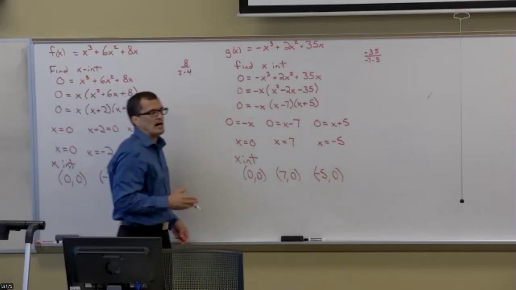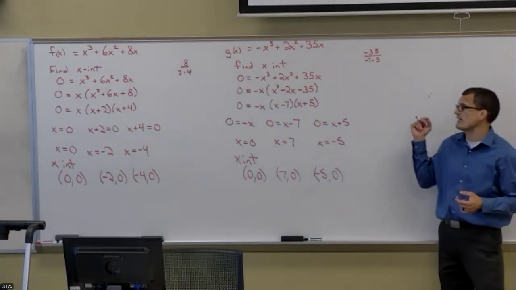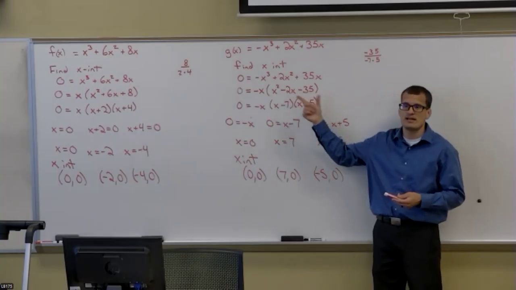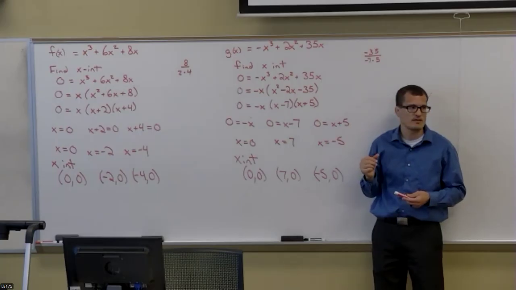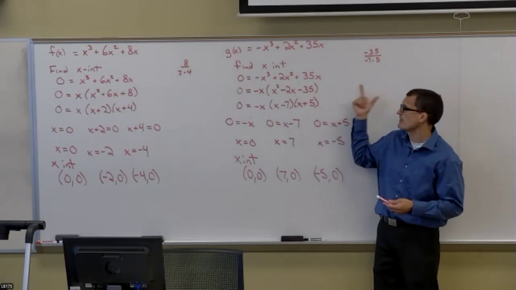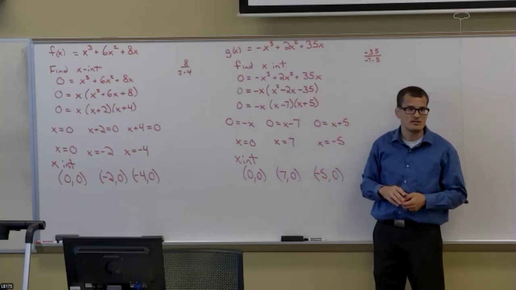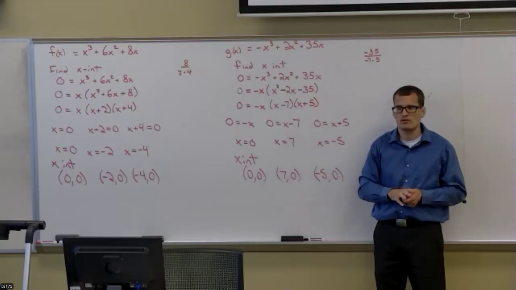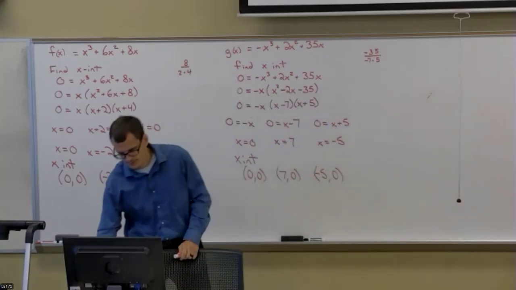So this is one option for factoring. Basically, you pull out the greatest common factor, and then what's left over is a nice quadratic that we've dealt with before. So we've pulled out the greatest common factor, and we're left with a quadratic that we can factor using the method we looked at in one of those previous sections, right?